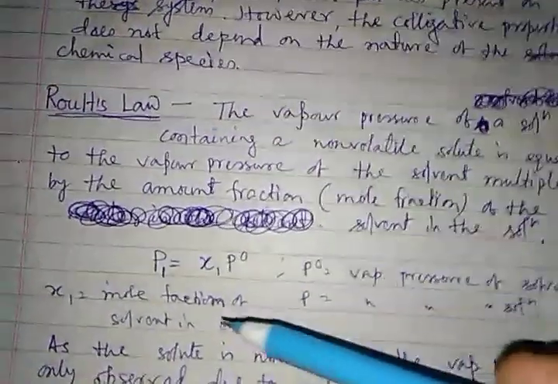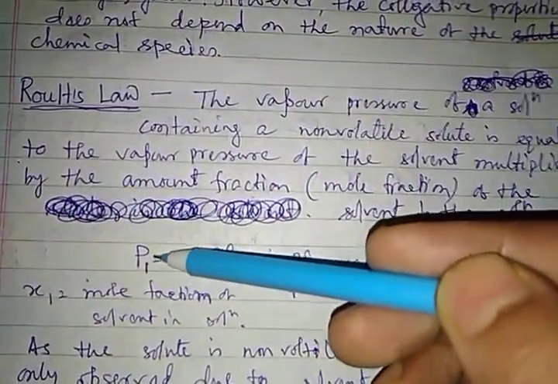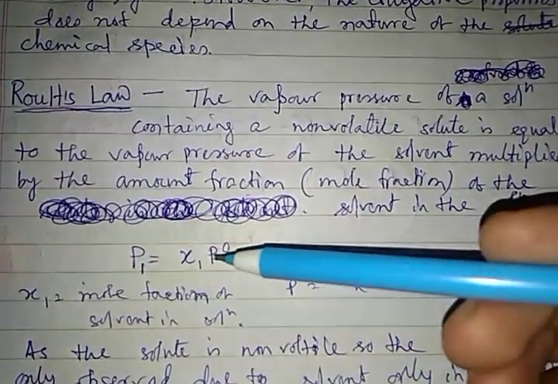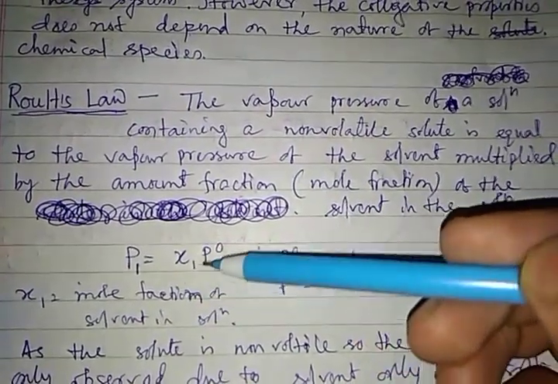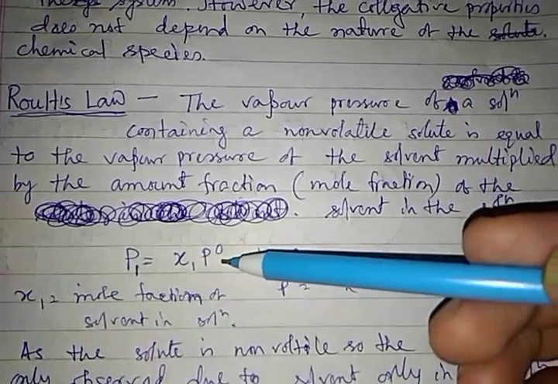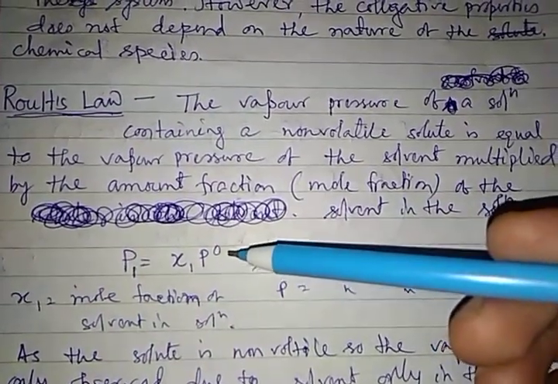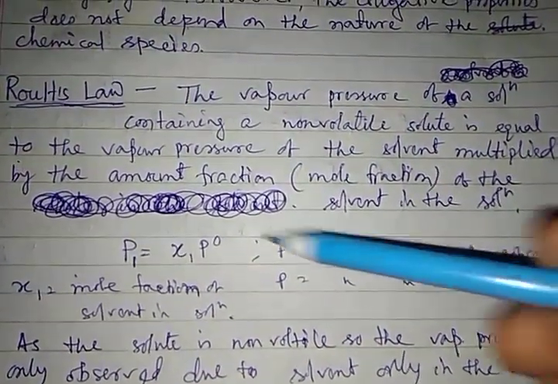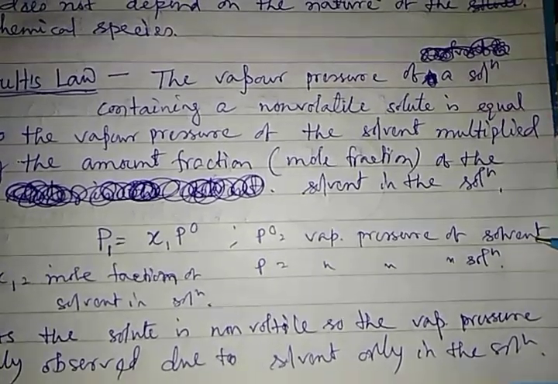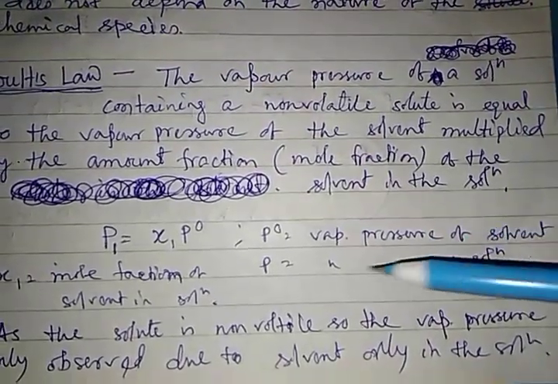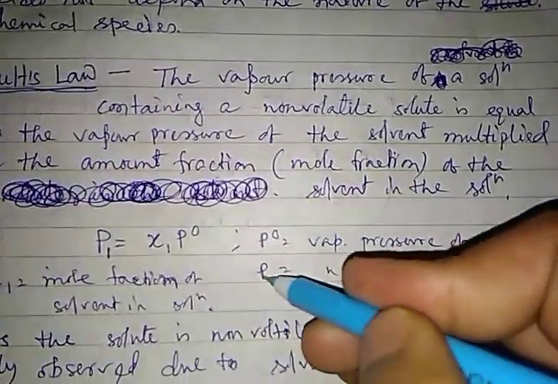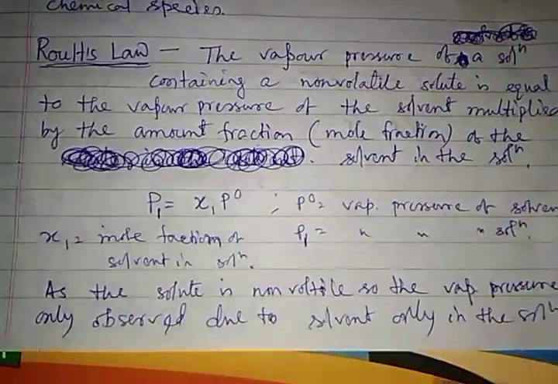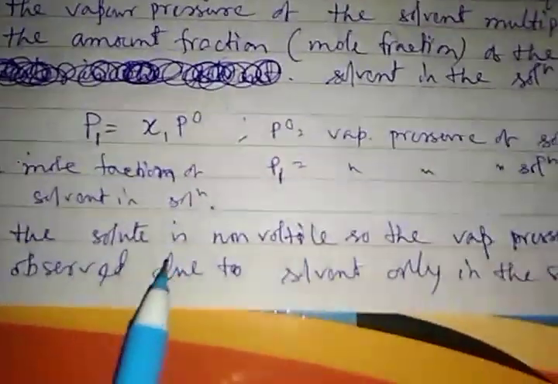If I consider the vapor pressure of the solvent in the solution as P1, then it will be equal to the mole fraction of the solvent, X1, times the vapor pressure of the solvent in its pure state, P0. P0 is the vapor pressure of the pure solvent, P1 is the vapor pressure of the solution, and X1 is the mole fraction of the solvent in the solution.